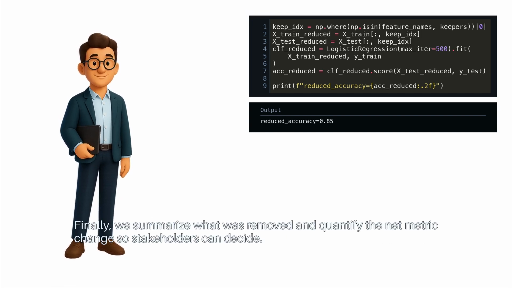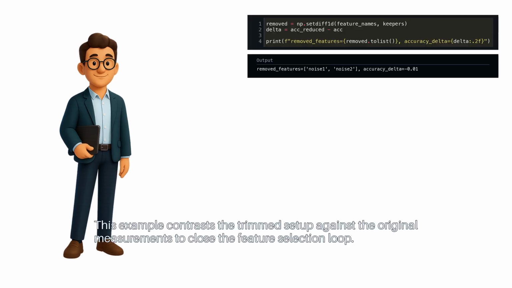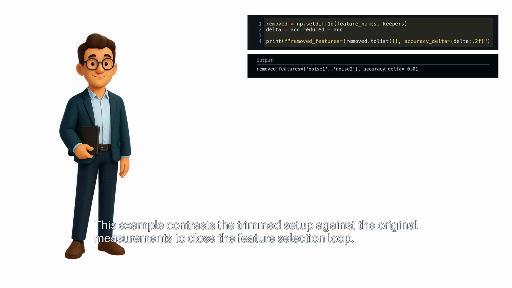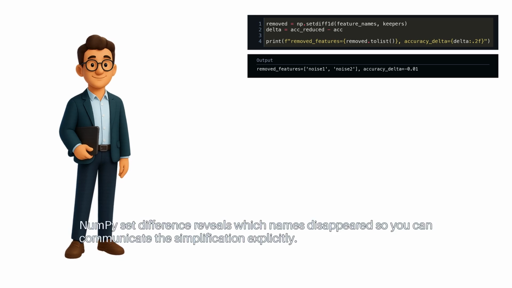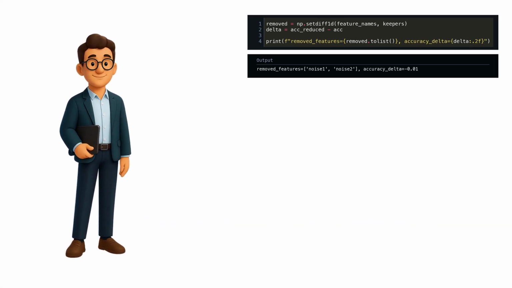Finally, we summarize what was removed and quantify the net metric change so stakeholders can decide. This example contrasts the trimmed setup against the original measurements to close the feature selection loop. NumPy set difference reveals which names disappeared, so you can communicate the simplification explicitly.